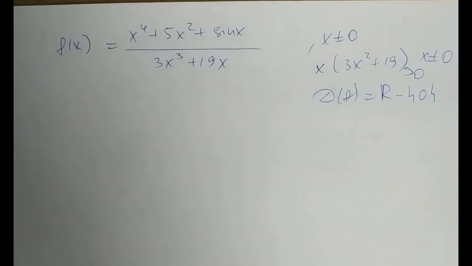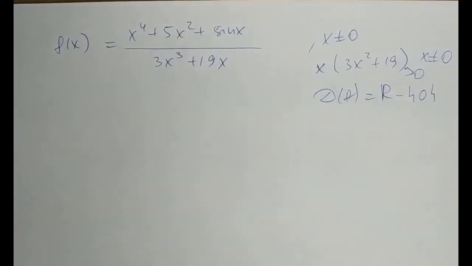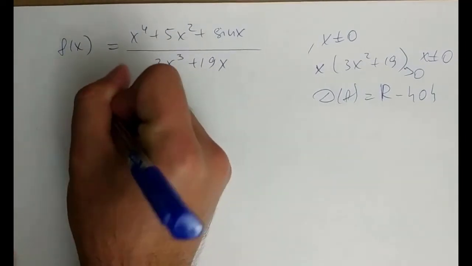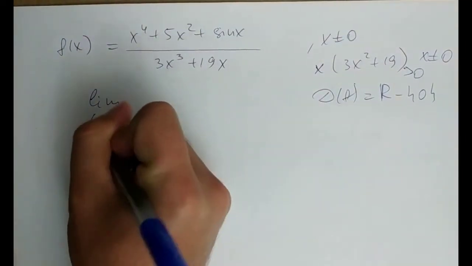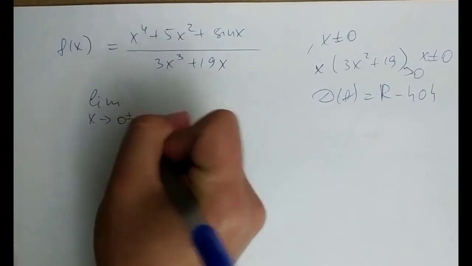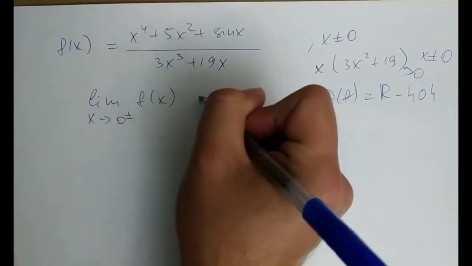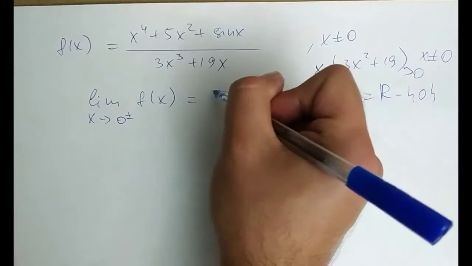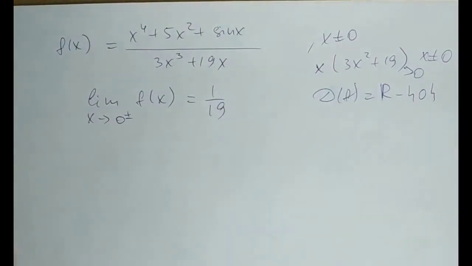Okay, now again we can see the limit of this function as x tends to 0 plus and minus of f of x tends to, again, 1 over 19. We can see it by doing the previous operations.